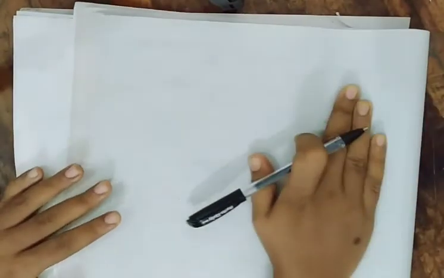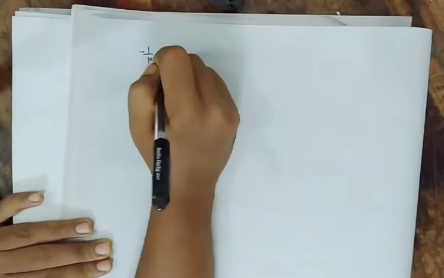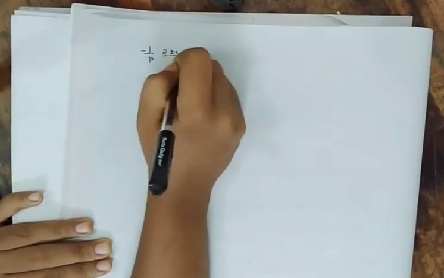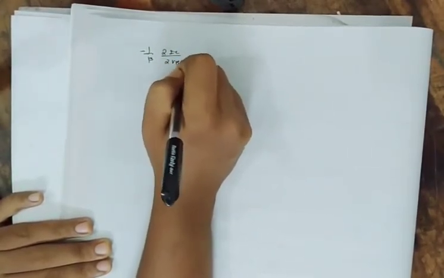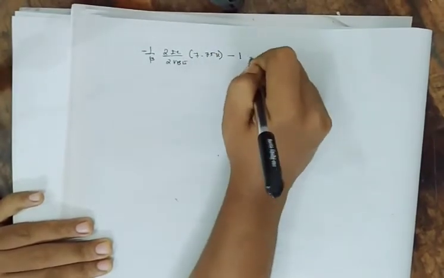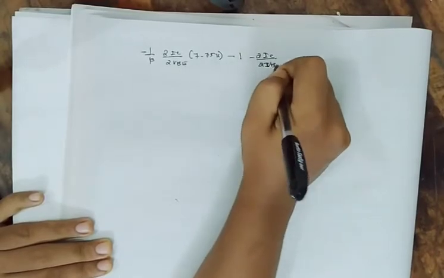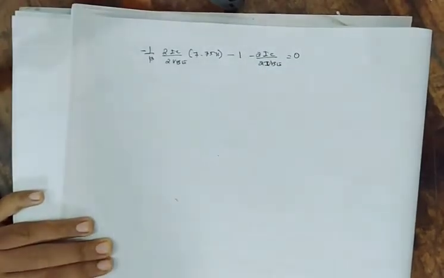I'll rewrite it: we get 1 divided by beta, delta IC divided by delta VBE into 7.75 K, minus 1, minus delta IC divided by delta VBE equal to 0.